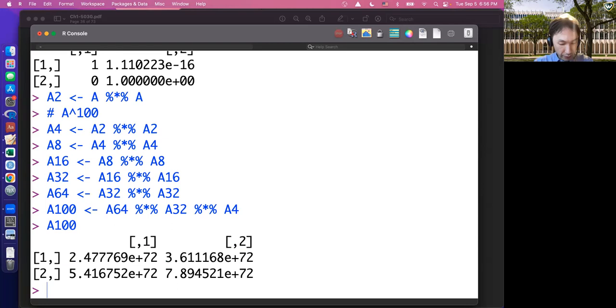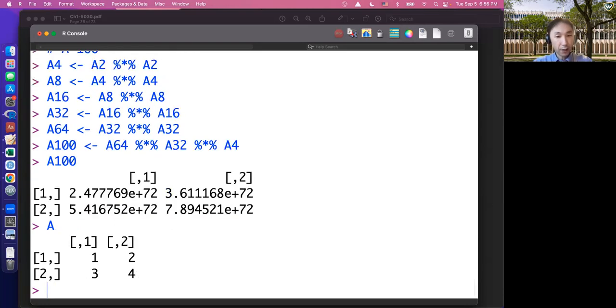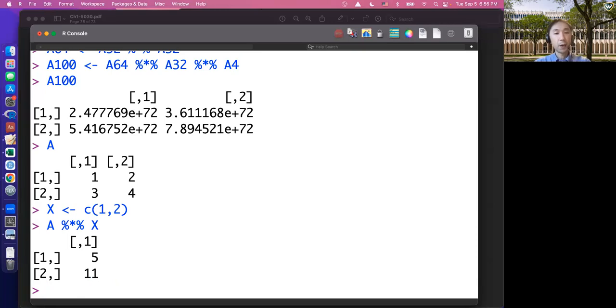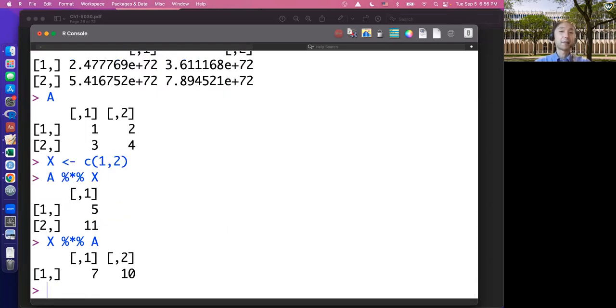Next, vectors and matrices. We have A here, and suppose that X is a vector, maybe uppercase, 1, 2. If you want to calculate the matrix product of A and X, or the product of A and the vector X, then you can just use this matrix product. And actually, we can do X by A as well.